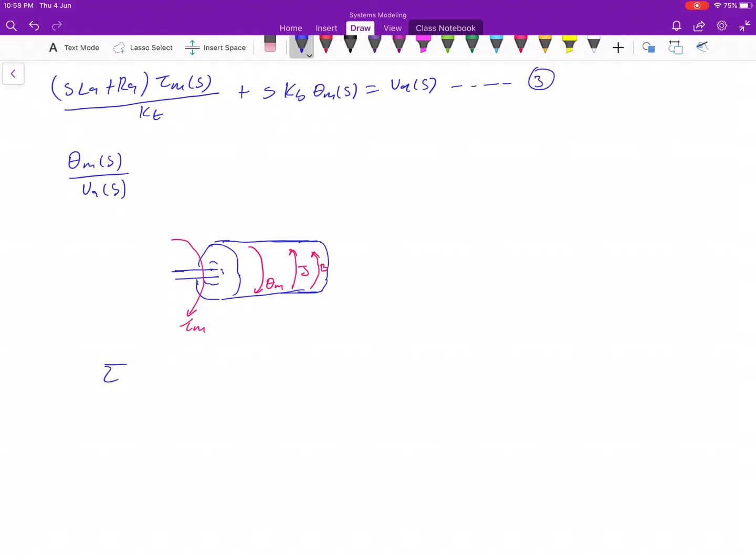So we can say that the sum of all the torques is equal to 0. Here we can see that we have a torque, which is your applied torque, and we have also an inertial torque and also a rotational damping torque. So the sum of the inertial torque and your rotational damping torque, we know that this is equal to J theta double dot plus B theta dot.